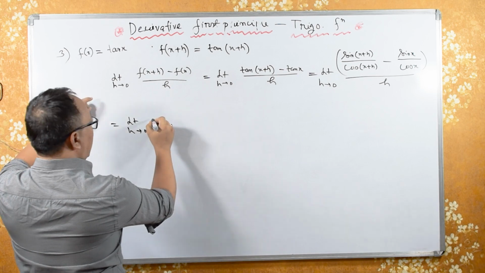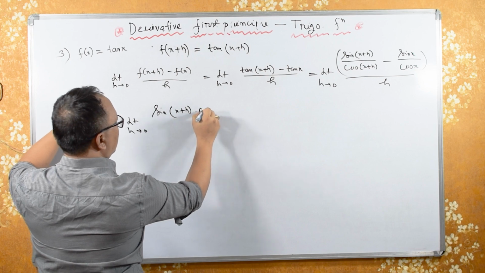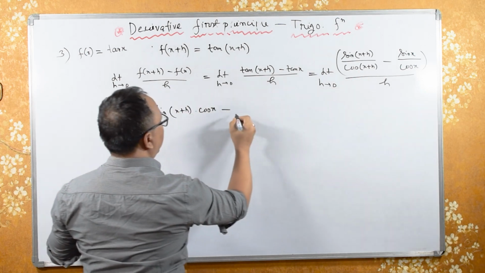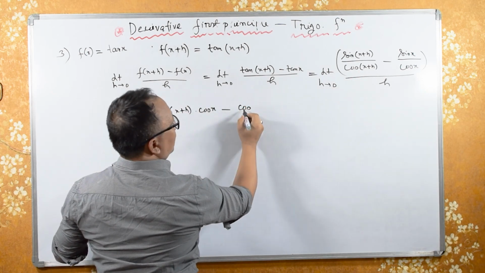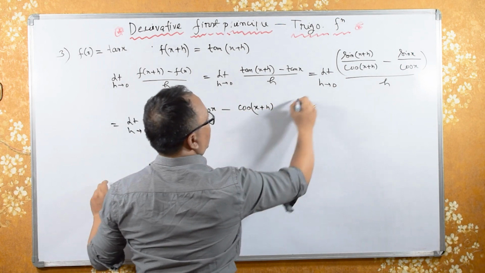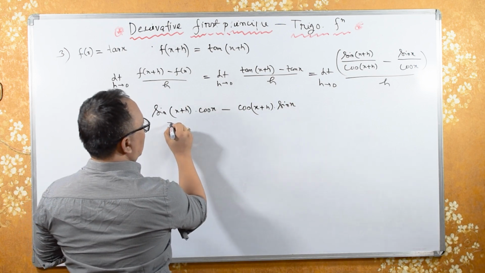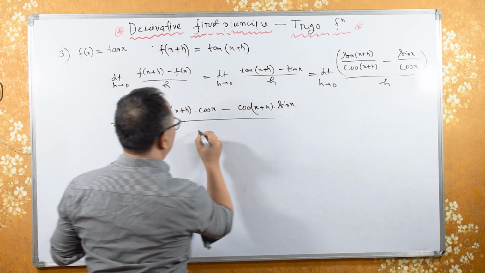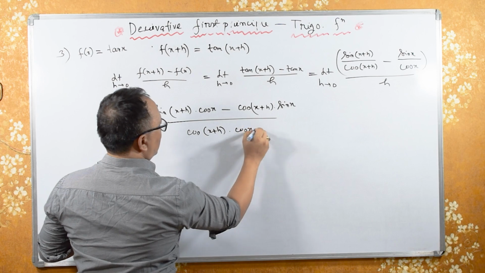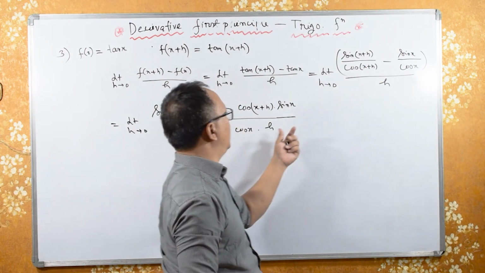Here, cross multiplication gives sine of x plus h into cos x, minus cos of x plus h into sin x, upon cos of x plus h into cos x. The h I will write over here; it stays the same.